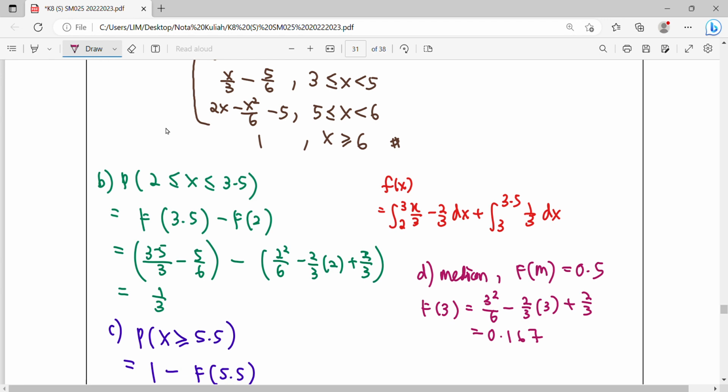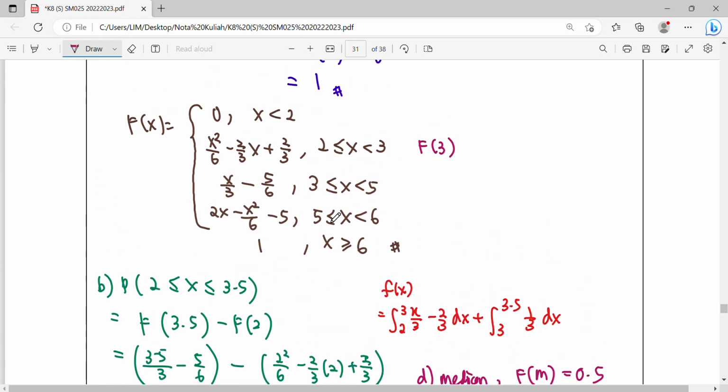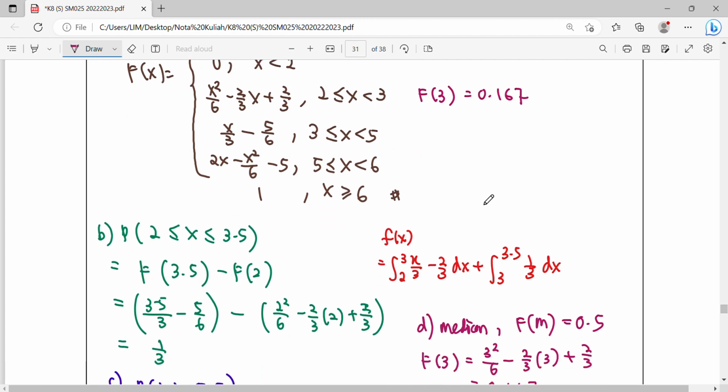So kamu ingat balik, dulu kamu buat median untuk statistik, kamu kena cari interval dia dulu. Baru kamu tahu kelas dia mana, betul tak? So same things happen here. You have to know which interval consists of median. So this one accumulate just up to 0.167, so median is not fall on this interval. We continue.